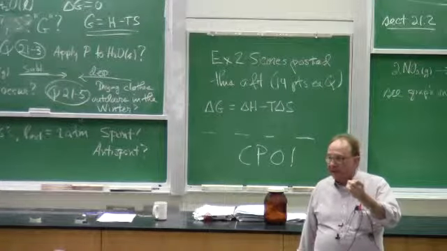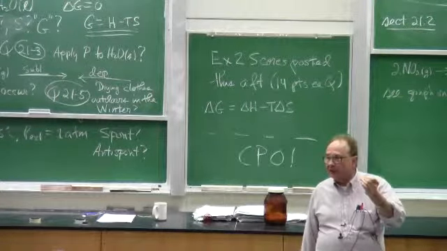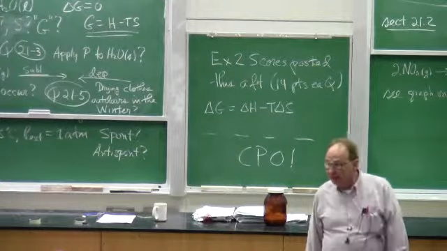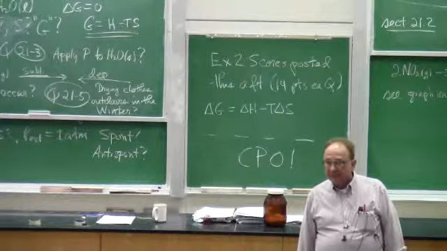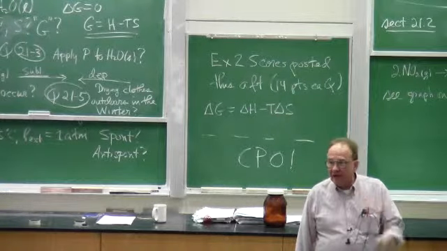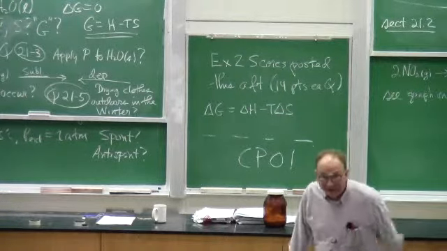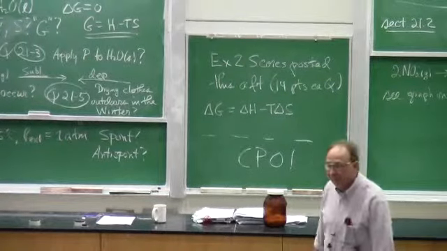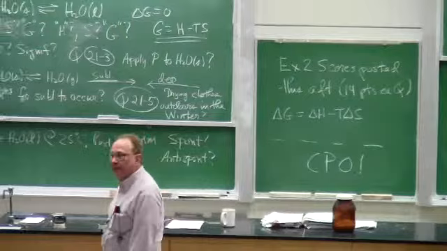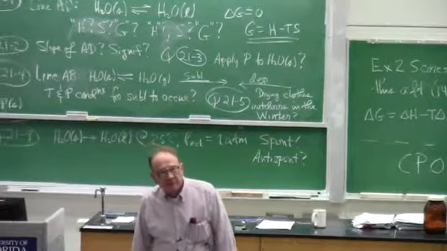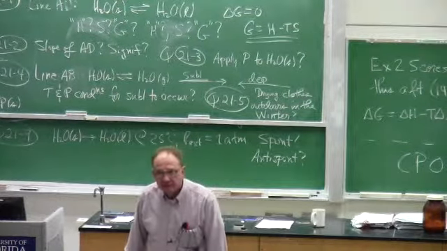Students often ask or talk about vapor pressures of gases. Gases don't have vapor pressures. A gas does not have a tendency to evaporate. It's already evaporating. And what property of a gas measures its tendency to condense?